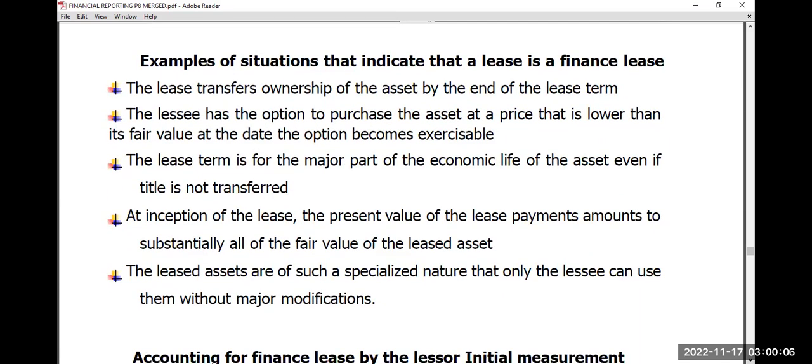So to clarify more on finance leases, we look at some examples of situations that indicate that a lease is a finance lease. One, the lease transfers ownership of the asset by the end of the lease term.